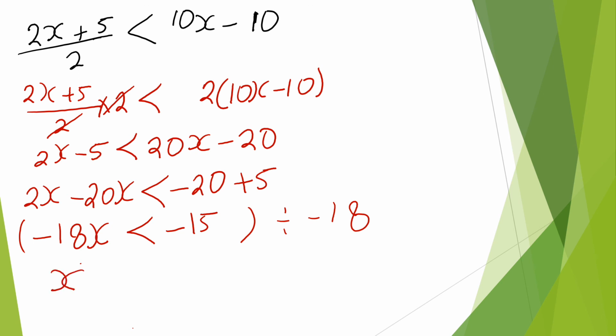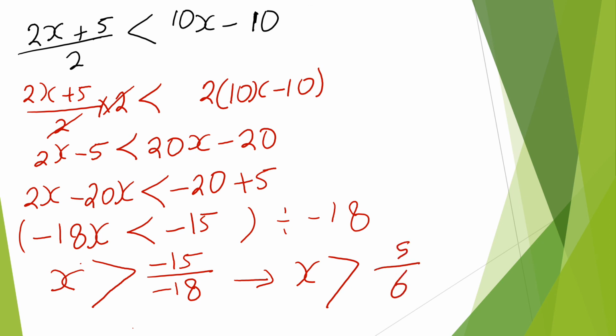Because I'm dividing by a negative number, I'm going to flip the sign around, and then I'll write this. And then obviously you'll have to simplify. Negative divided by negative is positive. 15 divided by 3, they're both divisible by 3. 18 is divisible by 3, so I'll end up with 5 over 6.